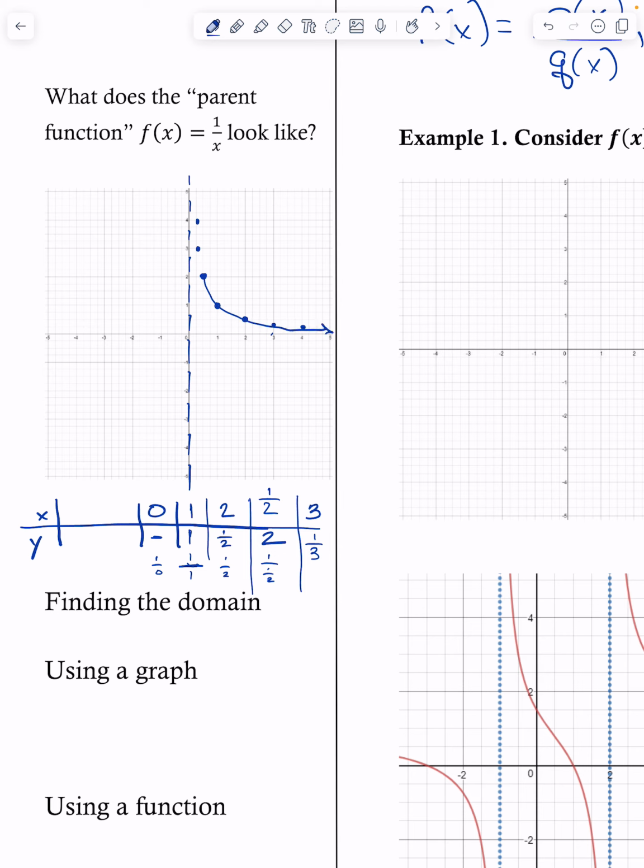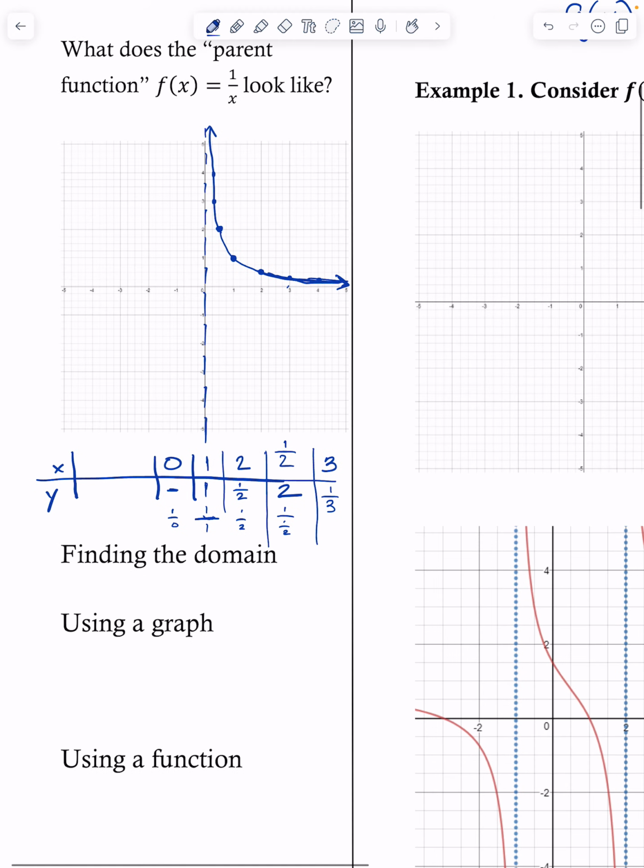So this is going to approach the x-axis, and it's going to approach the y-axis this way. I know it's never going to cross the x-axis because there's absolutely nothing that I can divide 1 by that's going to make it equal 0. And then we know from the very first number we plugged in, we can't even use x equals 0. So now I'm going to go the other way.